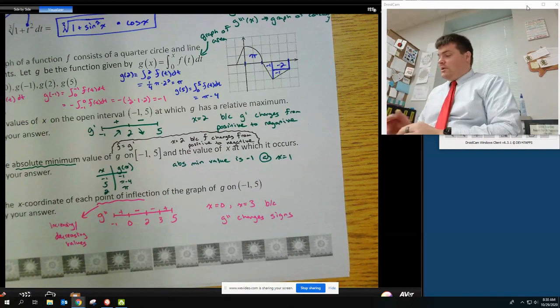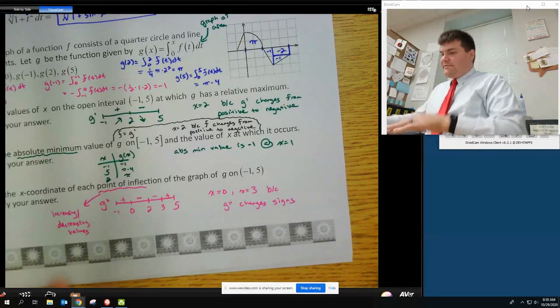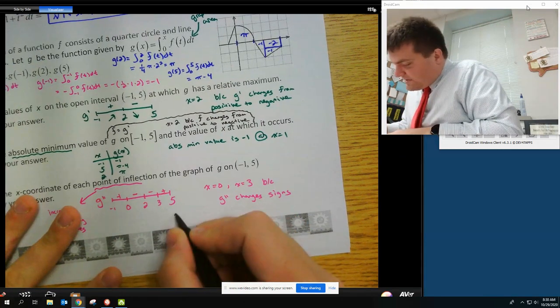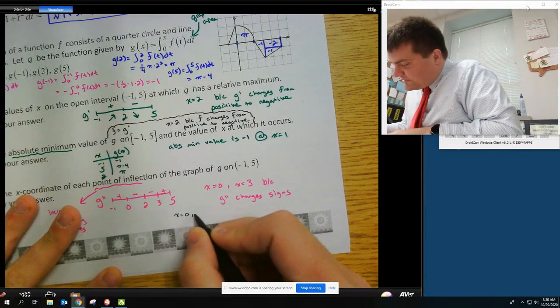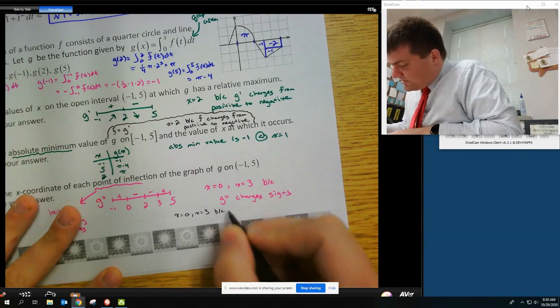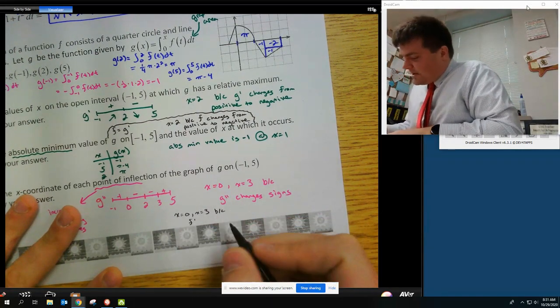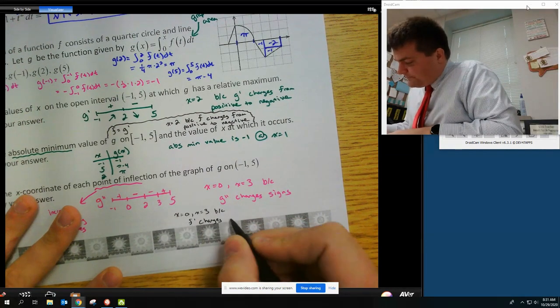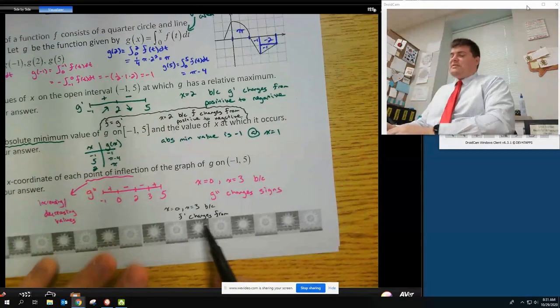All right. You could also talk about F. So I'll get my little marker here. So you can also talk about F. So if you have this answer in black, so we have 0 and 3, because F prime changes from, and then my problem with this is you have to state specifically.